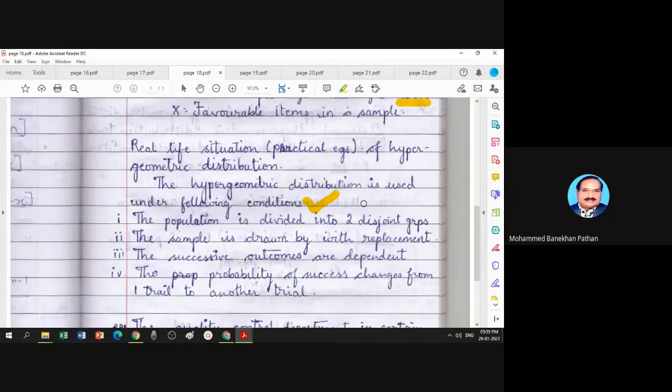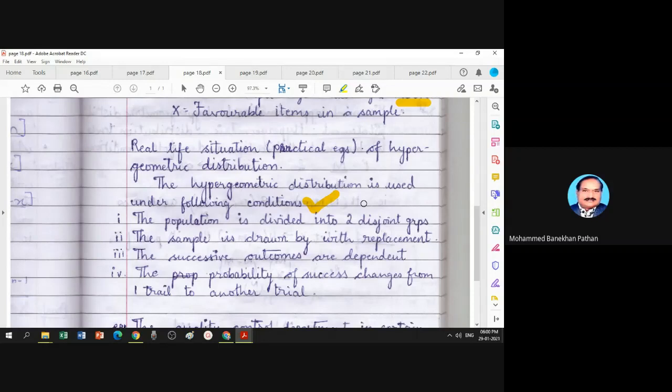If those conditions are satisfied, then you can use the corresponding distribution. Just like for binomial, every trial should result in two disjoint outcomes, labeled as success and failure.